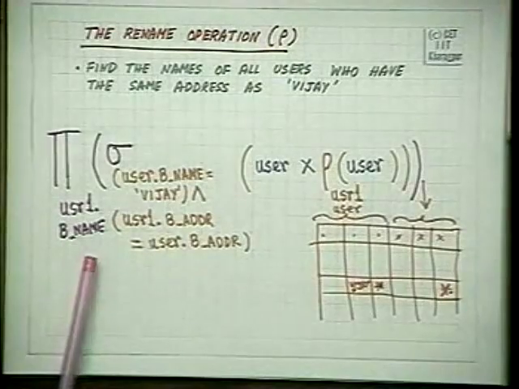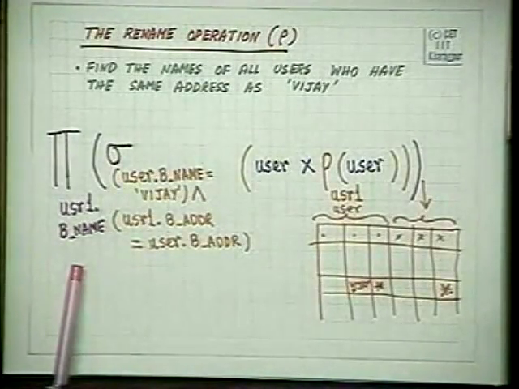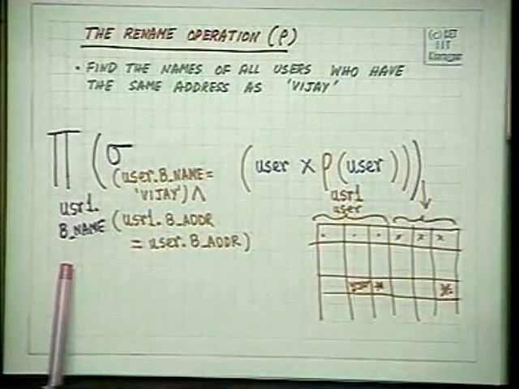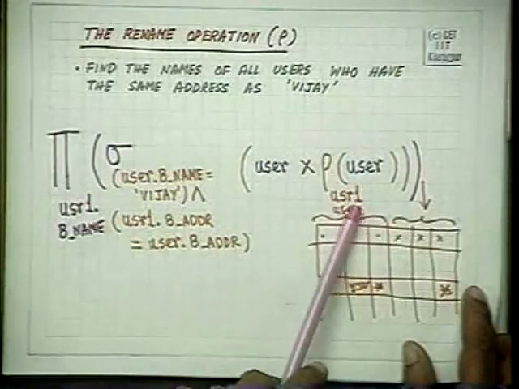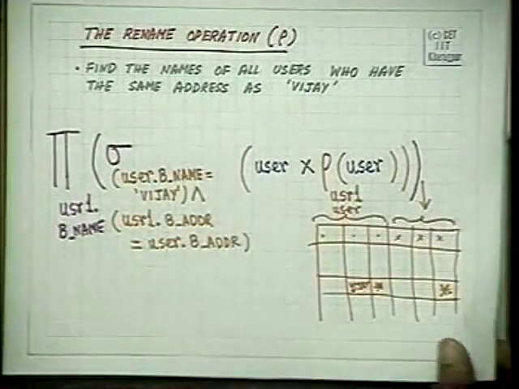Vijay's name will also come. So we have now been able, using the rename operation, to find out all users who have the same name and address as Vijay.